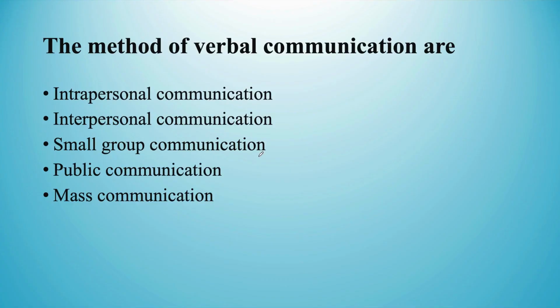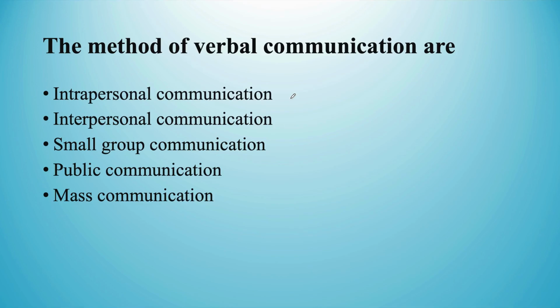Now, there are a few methods when it comes to verbal communication. First is intrapersonal communication. Intrapersonal communication is an internal dialogue which people usually use to speak to their own self.